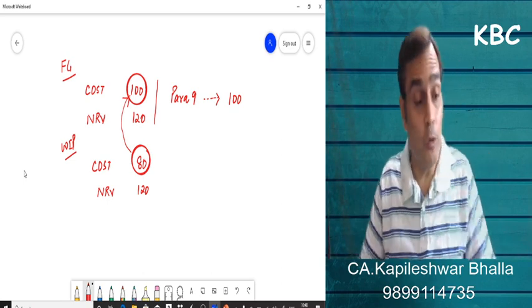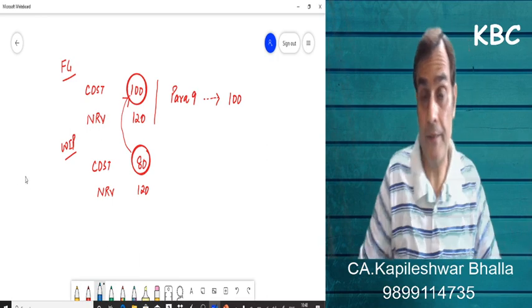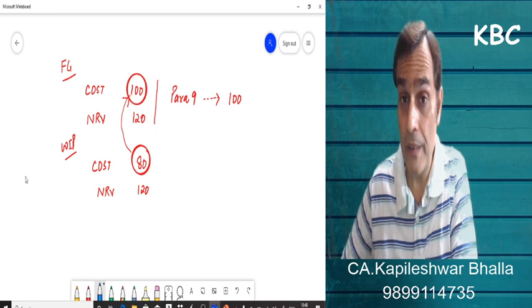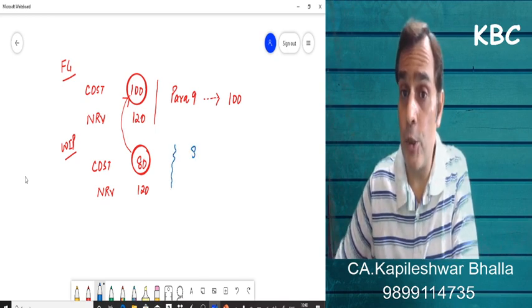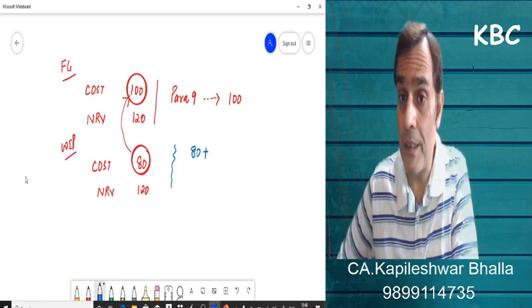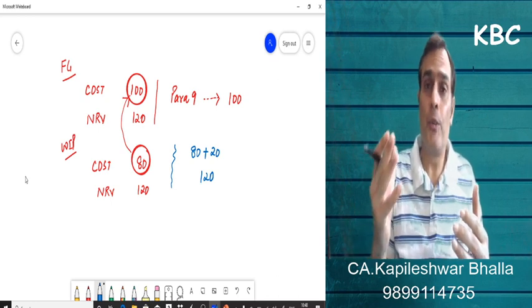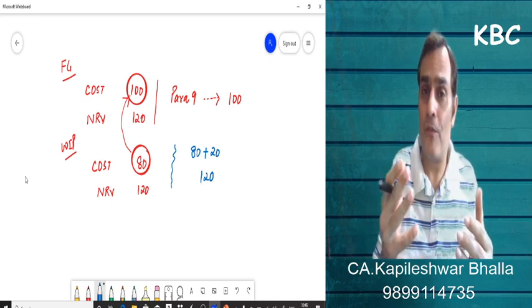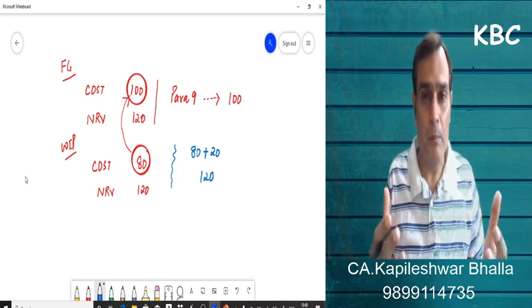Now, we've got two possible alternatives to understand this logically. Now, hear this very carefully. You know what I should do? Either I should add another 20 to the cost and then compare it with 120, correct? You should add the estimated cost of completion and then compare it with 120, then they become a comparable basis.